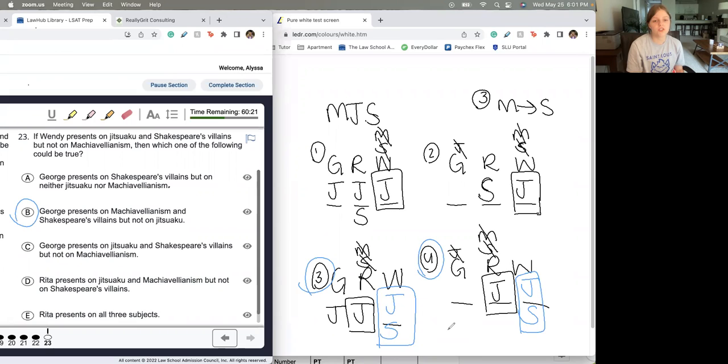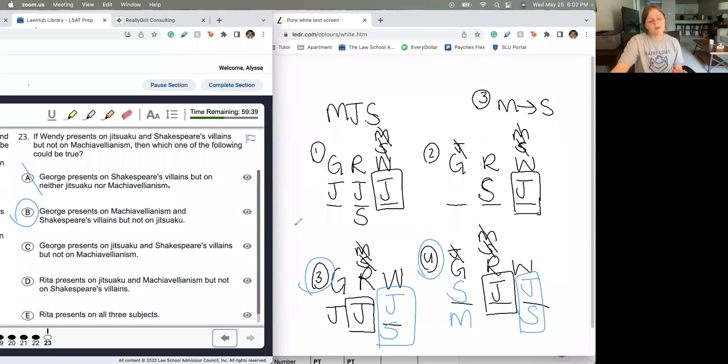A, G presents on S, but not J or M. Can't have it happen because in the 4th world, while I could have S here, it would mean that I would be forced to have M here because I can't put it in R or W. And same in world 3, if I put S here, I'm going to be stuck with J. So that makes A wrong.